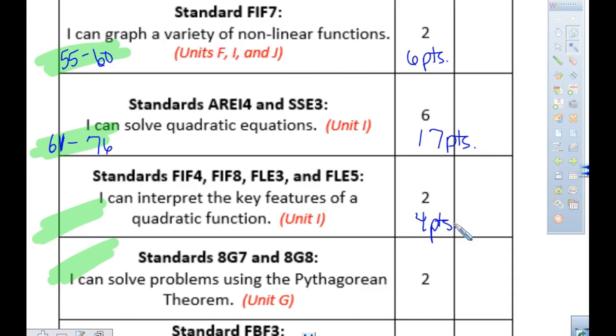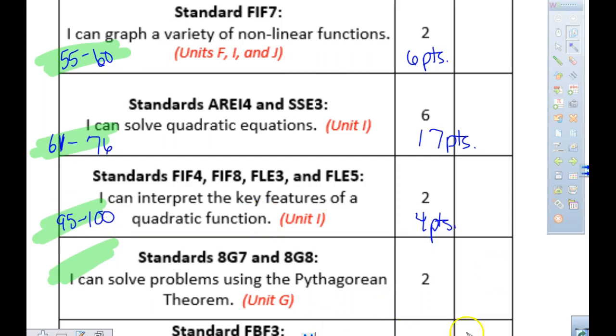The C was our y-intercept. That was the domino project you did, which had a lot more of the key features. That was questions 95 to 100.